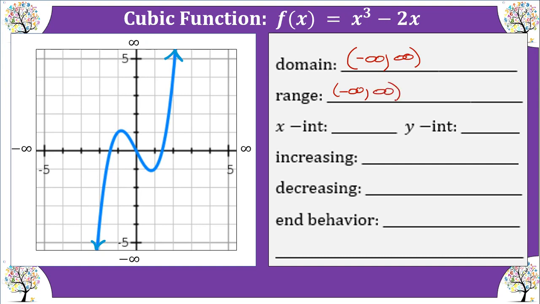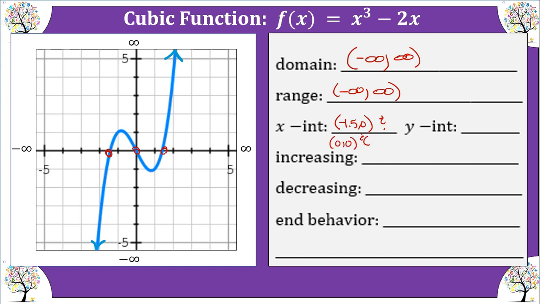positive infinity. Our x-intercepts, we have 1, 2, and 3. And so here, let's just estimate it. It looks as though it's negative 1.5, comma 0, and the origin.